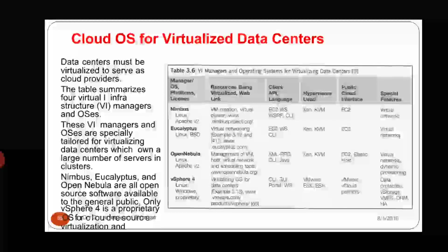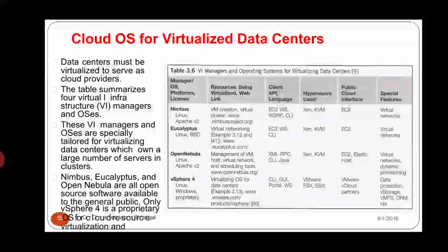Data centers must be virtualized to serve as cloud providers. The table summarizes the virtual infrastructure managers and operating systems. These are specifically tailored for virtualizing data centers which own a large number of servers in clusters.